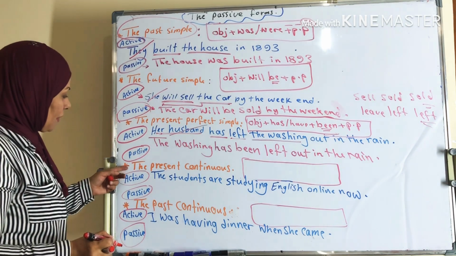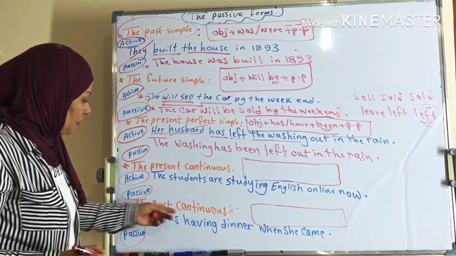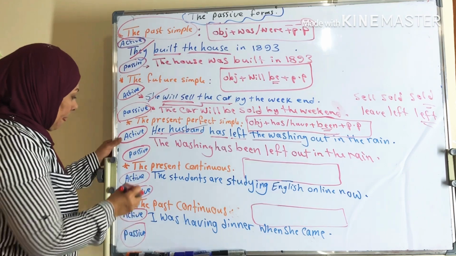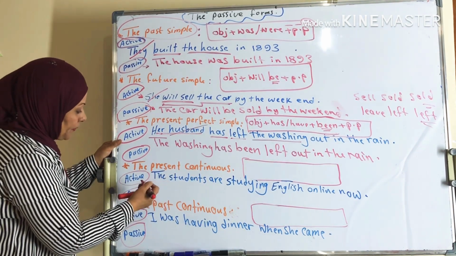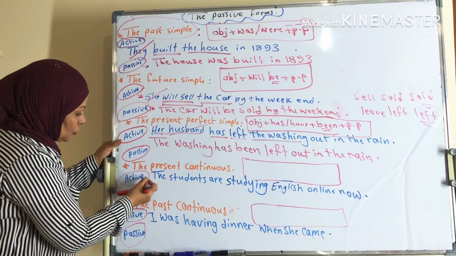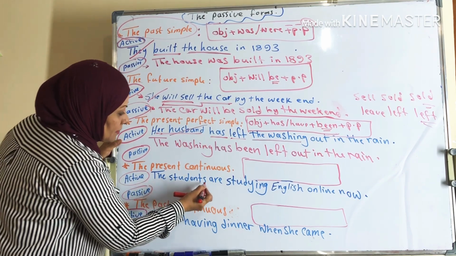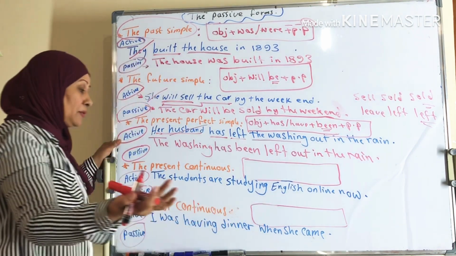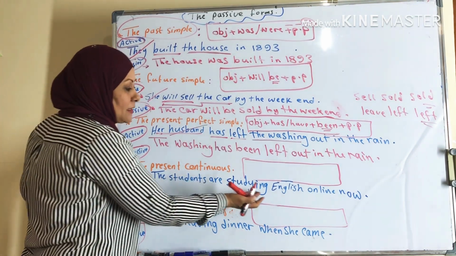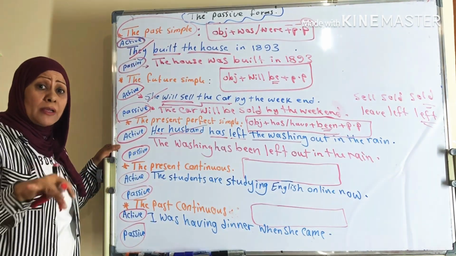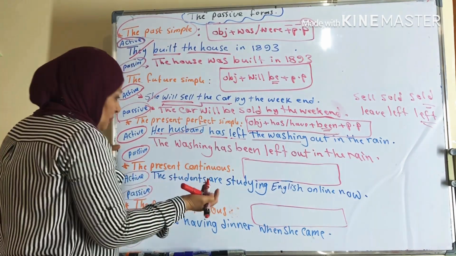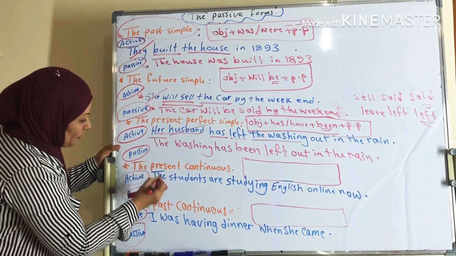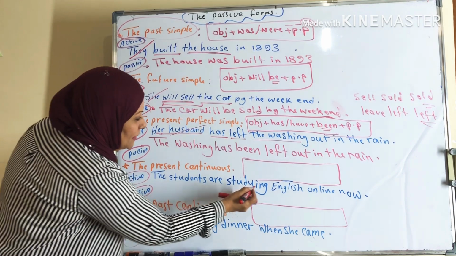Next, we have the present continuous and the past continuous. The present continuous المضارع المستمر الactive عندي جملة active. The students are studying, like you, the students are studying English online now, right now, at the moment. So the students are studying English online.